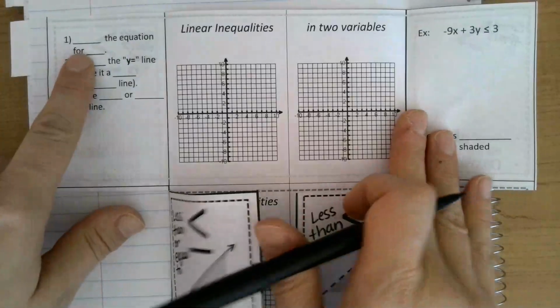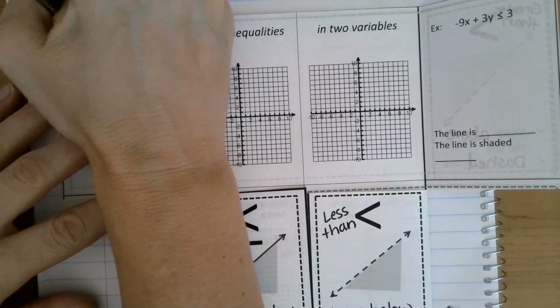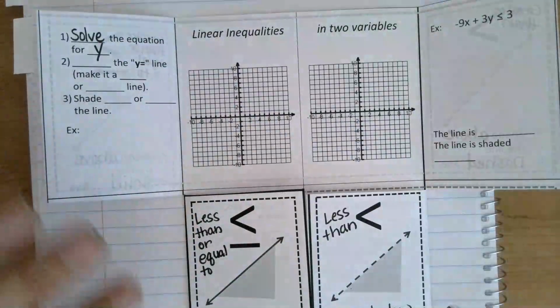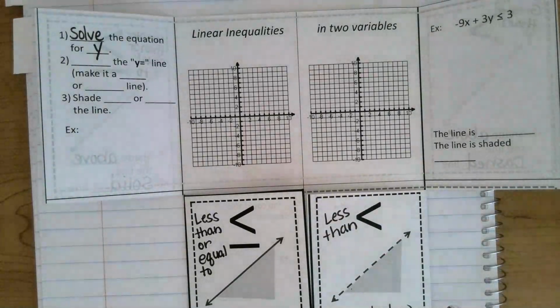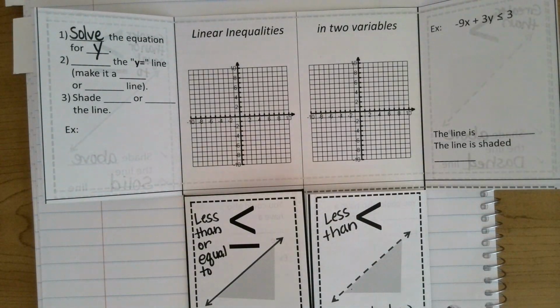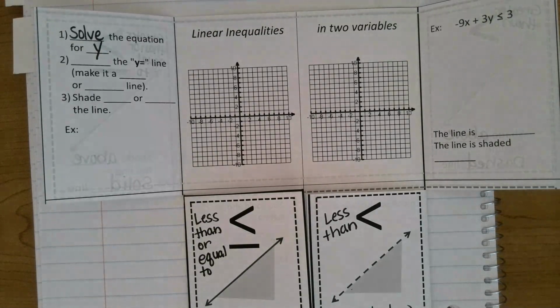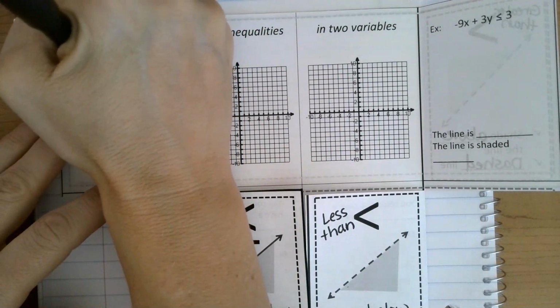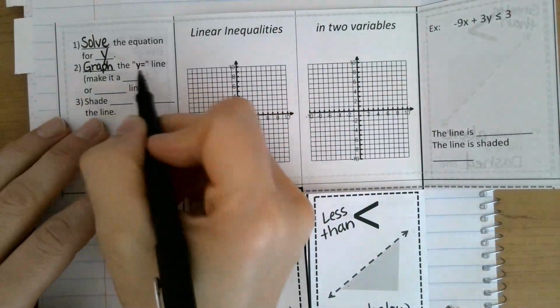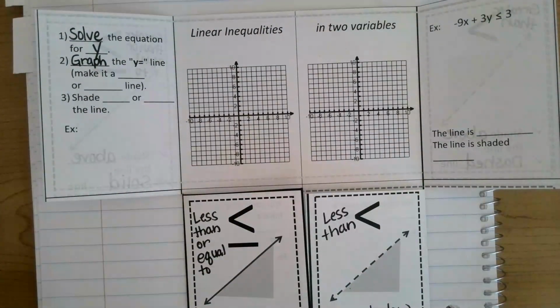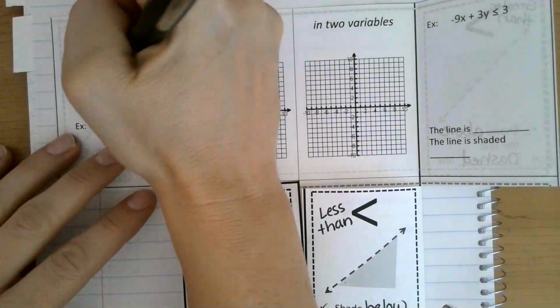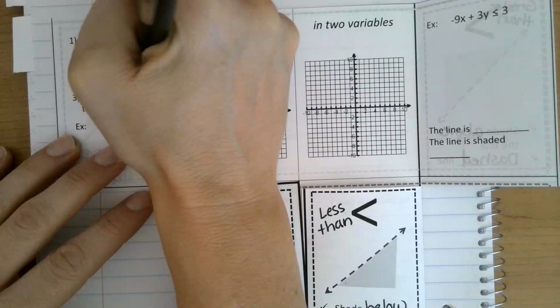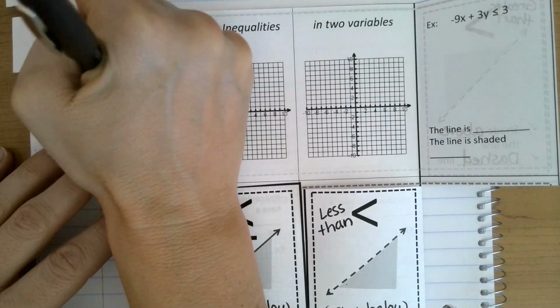So let's start with over here, the steps. So first you would solve the equation for y, just like we've been doing when we have an equal sign. We're going to solve it into slope-intercept form. And then you're going to graph the y equals line. So again, we're just graphing it just like we would an equation, but then we're going to make it a solid or dashed line according to whatever the inequality is.